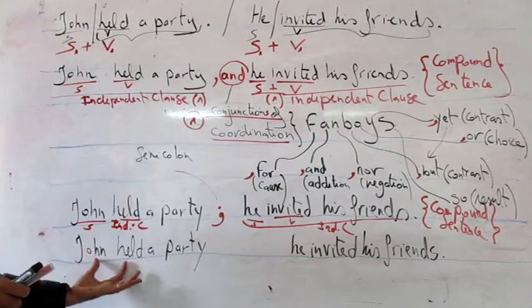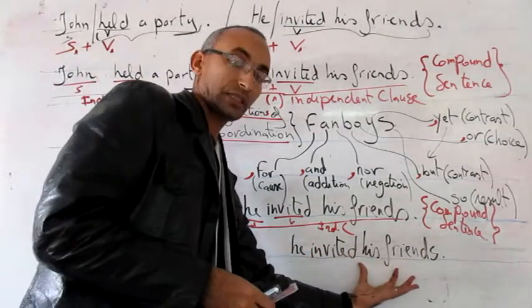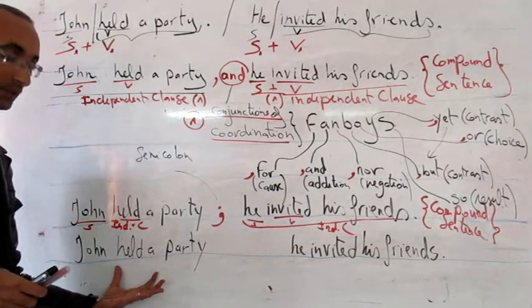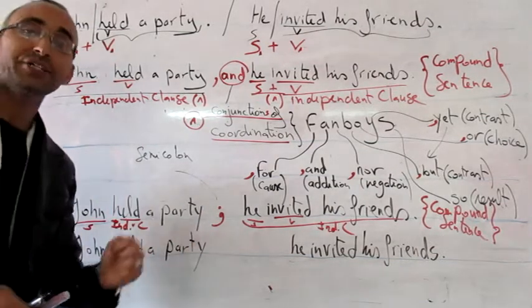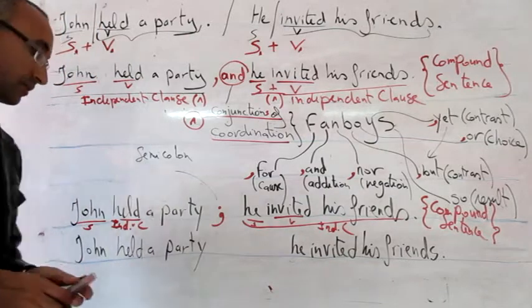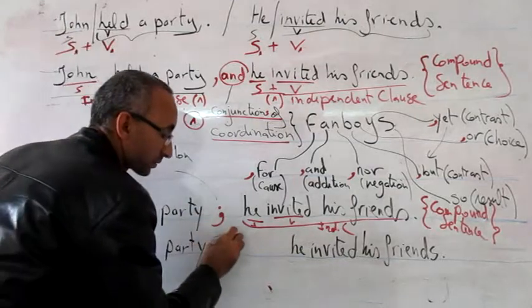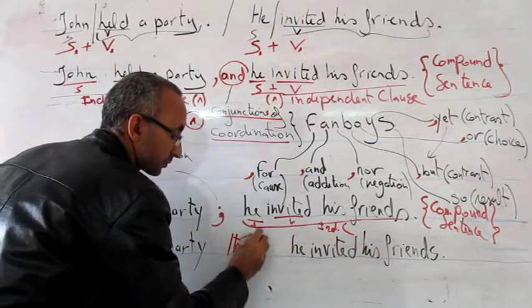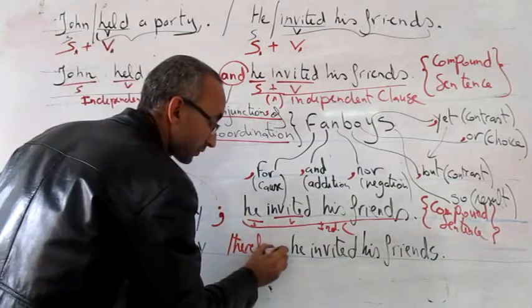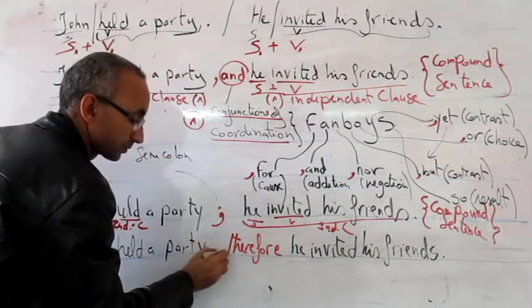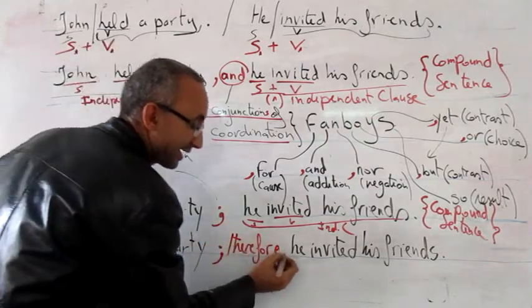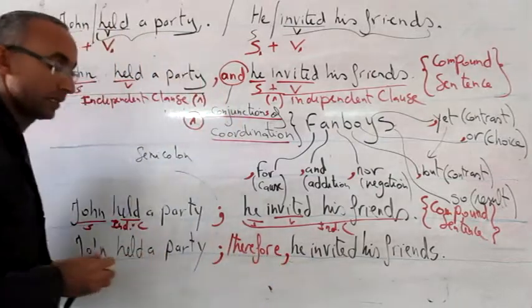Also I have two independent clear clauses joined by what? Joined by a new element or link word, which is therefore. Clear? Therefore. I put for it a semicolon and after it always a comma.